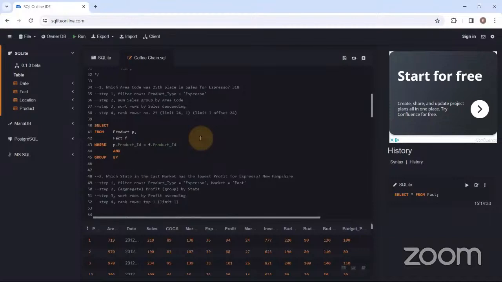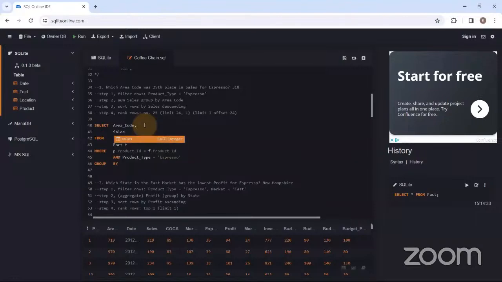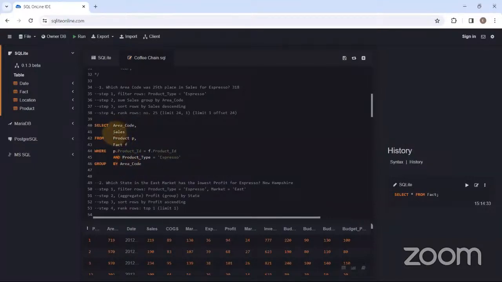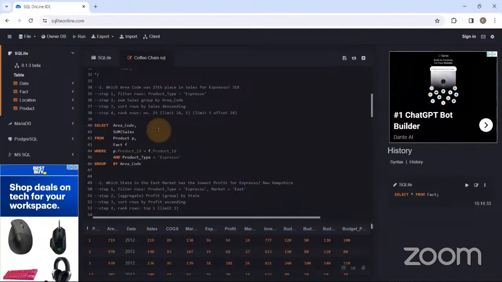Second condition filters rows based on product type. I've completed step 1. Step 2, select the columns, area code and sales. First golden rule: dimension area code in the select statement must also appear in the group by statement. Second golden rule: measure sales in the select statement must be wrapped in an aggregate function, sum.